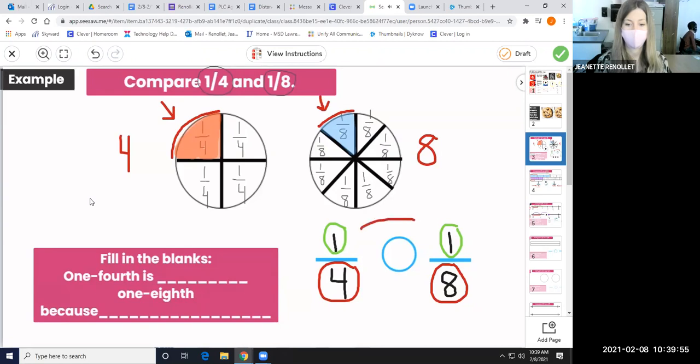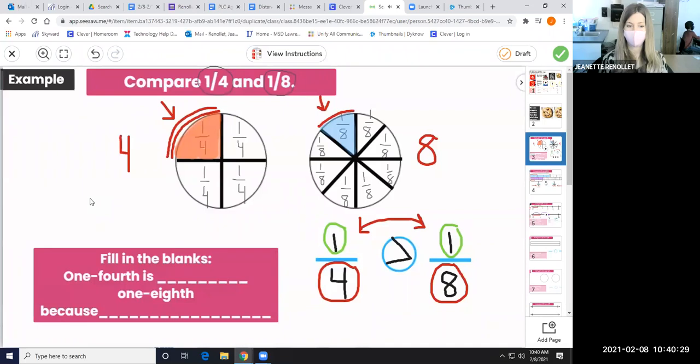When our numerators are the same, we have to look at our denominators and think about the unit fraction. 1/4 is a greater piece with a unit fraction. So when we compare these two models and these two fractions, we know that 1/4 is greater than 1/8. We can choose our symbol.